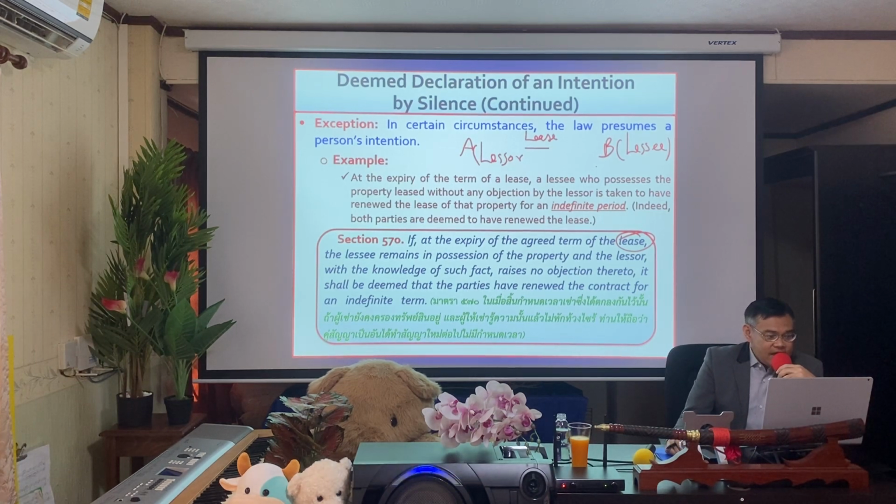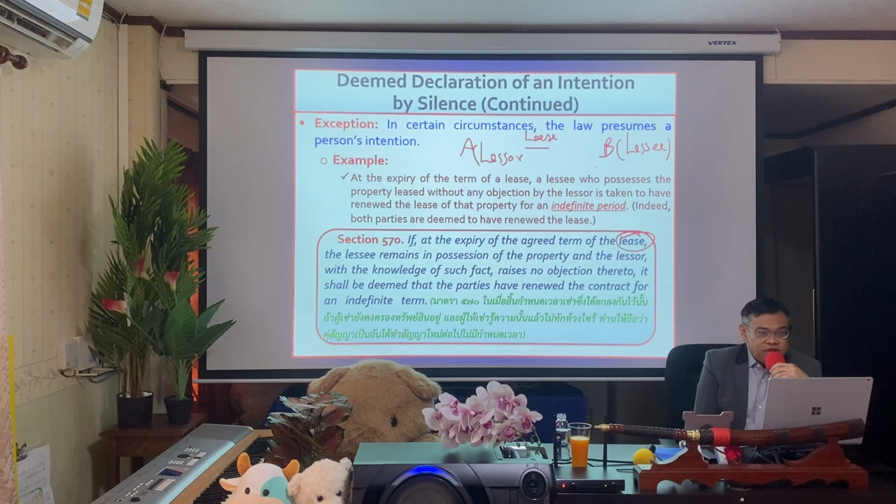Let's suppose that A grants a lease to B for, let's suppose, how many years? For 3 years. So at the end of the 3-year period, when the lease ends, in this case, the lease says that it is a lease for just 3 years.